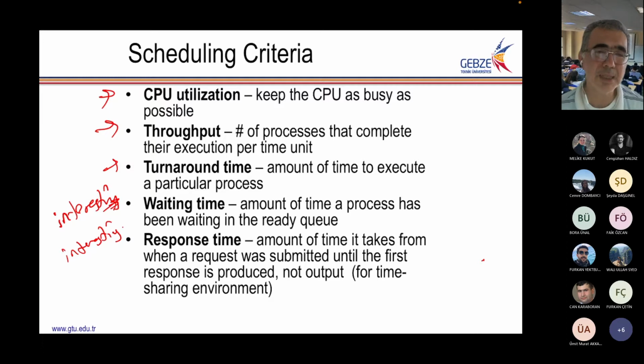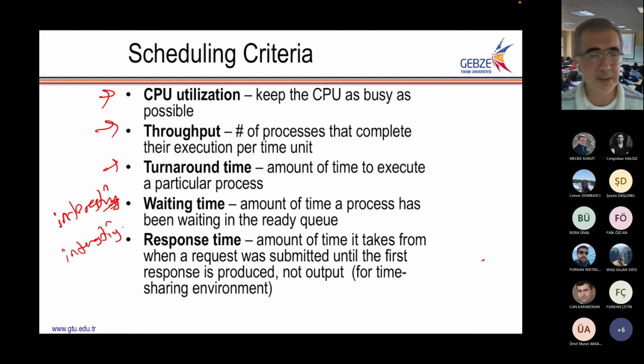So certain initial instructions can be executed so that you are in the CPU, started execution, not finished yet, but waiting time is finished. So waiting time in that case is reduced.